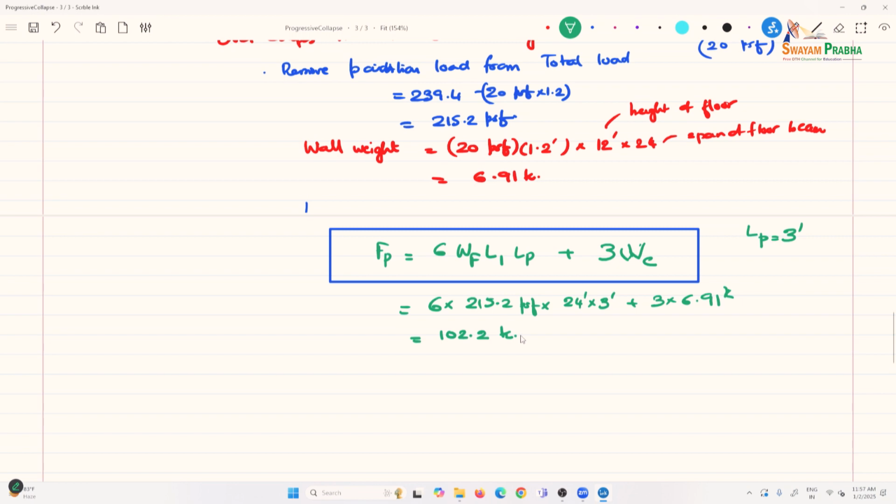And so, the AST is FP divided by the same thing. So 102.2 kips divided by 0.75 comes to 0.56 square inches per foot.